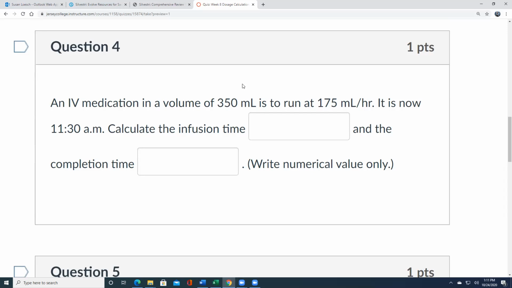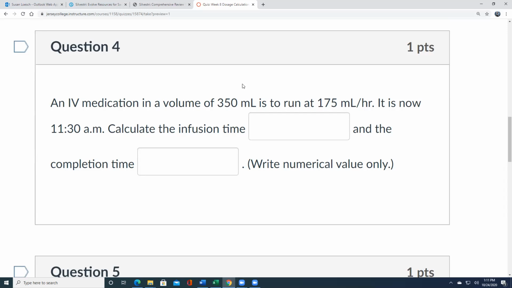And you know it's regular time because there's a colon in it. Military time doesn't use colons, and it doesn't use AM, PM. So you don't jump to military time unless it asks you. If it said state the completion time in military time, then you would convert it.